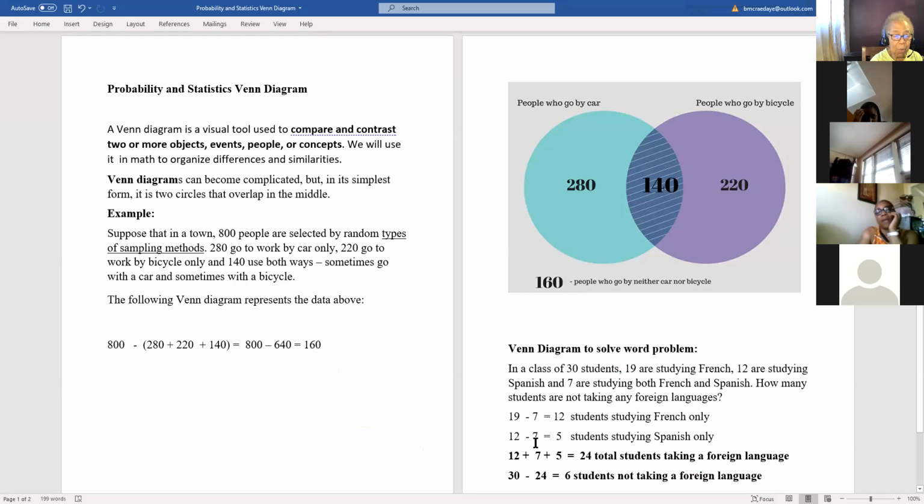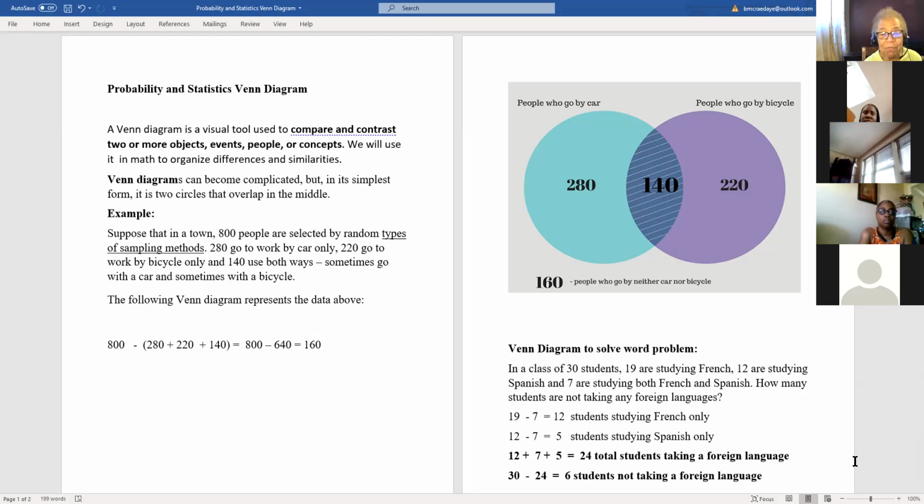Subtract out the both, add it up with the both, and subtract that total from 30. That's the class of 30 students, and you get 6 students not taking a foreign language. Any questions if you had a word problem? All right. But I want you to be able to draw.